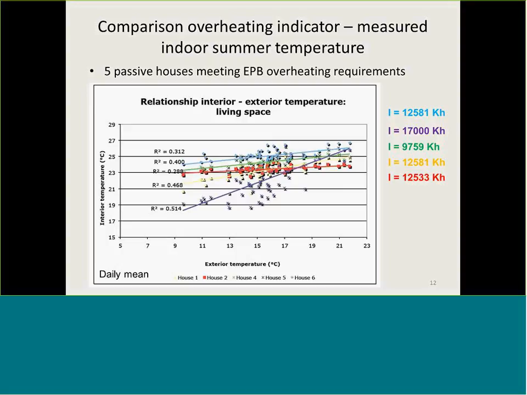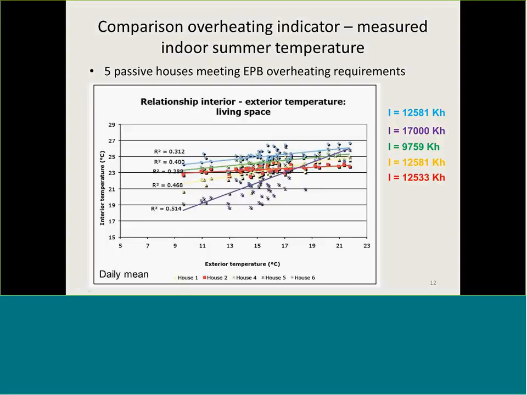The measured daily mean interior temperatures, measured during the months of August and September of this year for all these houses, are compared to the daily mean exterior temperatures. And what we see is that when you consider the summer situation, there's no clear relationship between the measured values and the results of the overheating indicator.